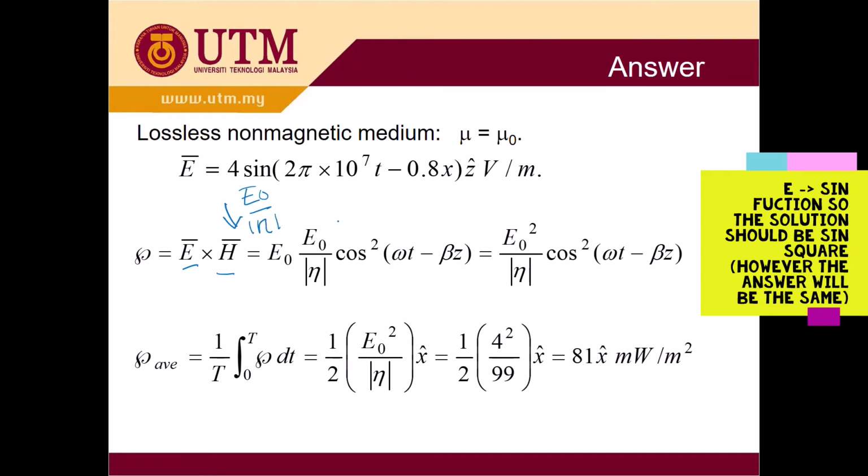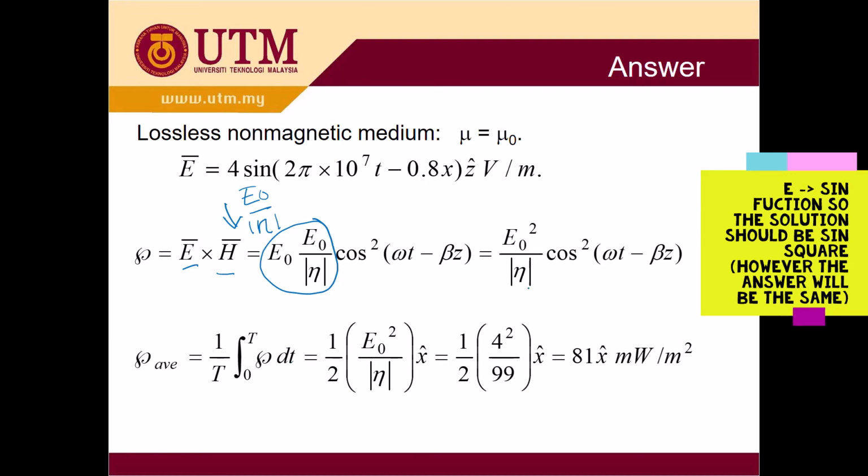That's why we get these expressions, and they are in phase, so we get cos square of omega t minus beta z. Then for P average we integrate 1 over T of the Poynting vector dt.